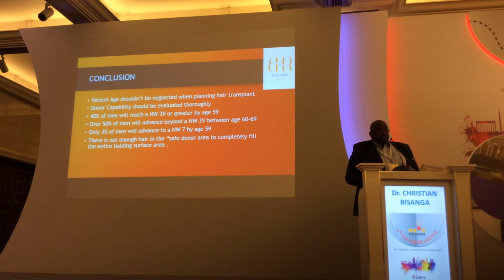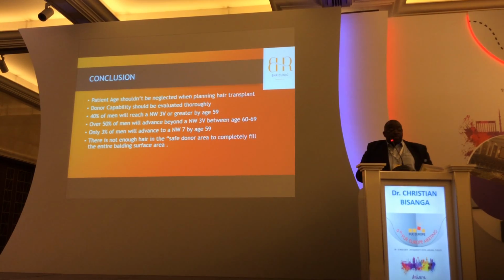Over 50% of men will advance beyond Norwood 3, and only 3 or 4% of people will be Norwood 7 by the age of 59. So it's important to know that when you deal with patients, family history is important. Can I have a picture of your father at your age, your grandfather? So those are the indications.